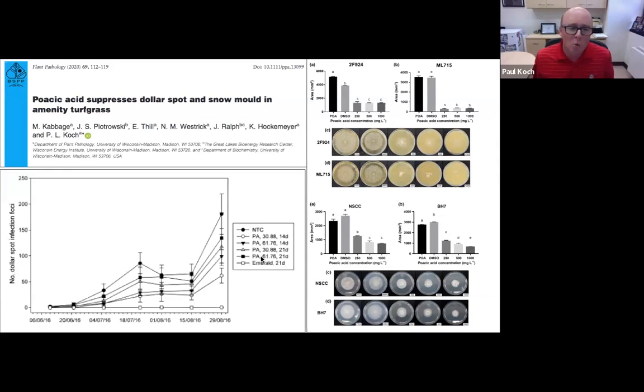What we noticed about the product is that the raw Poacic acid product is extremely hydrophobic, so it does not mix well with water. And we know from talking with some of the larger chemical companies that they put huge amounts of resources into formulation.